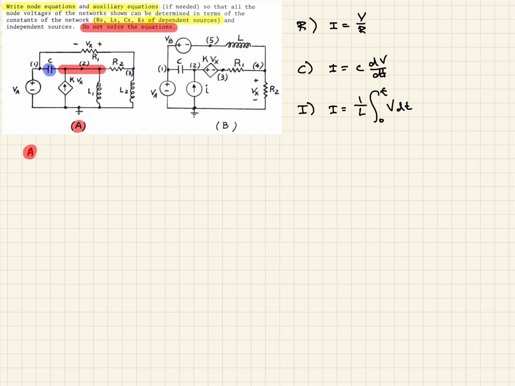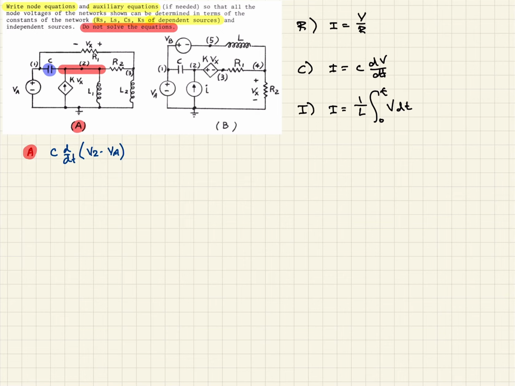Using that equation we have above, that's just going to be the capacitance times the time derivative, d/dt, of the difference in the voltages, so it's V2 minus VA. That's the expression for the current from the capacitance.